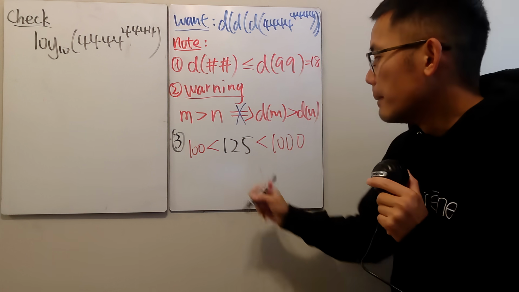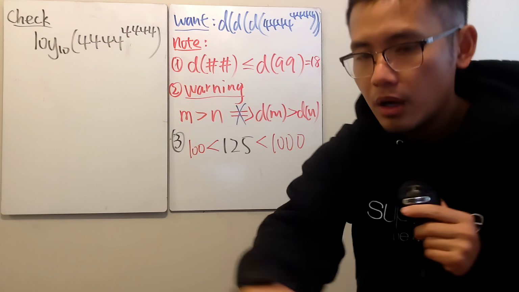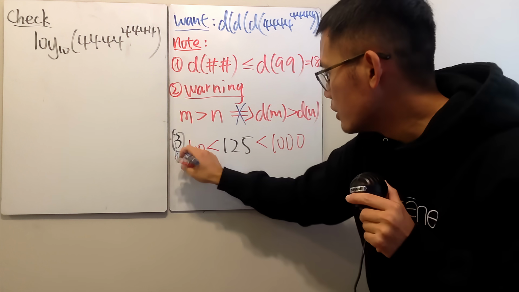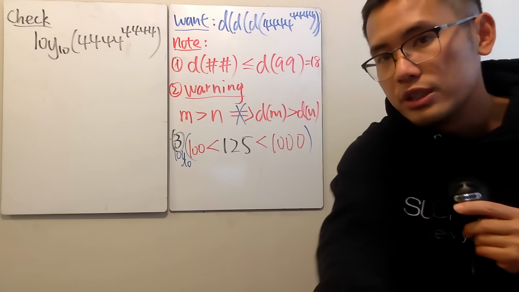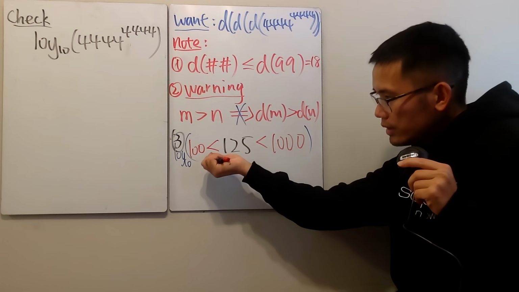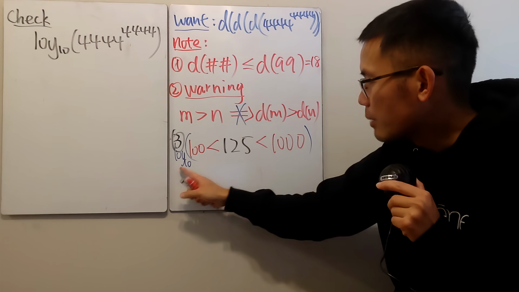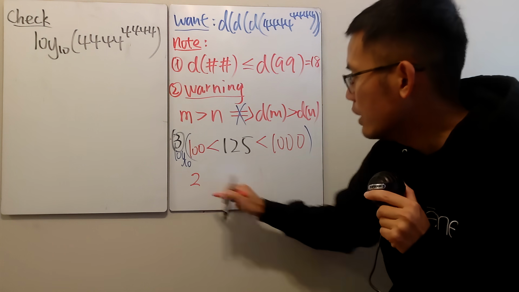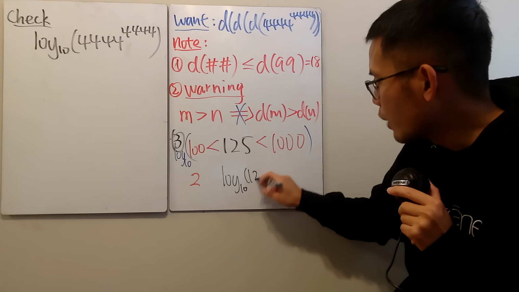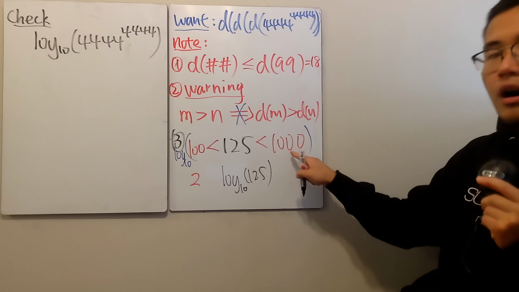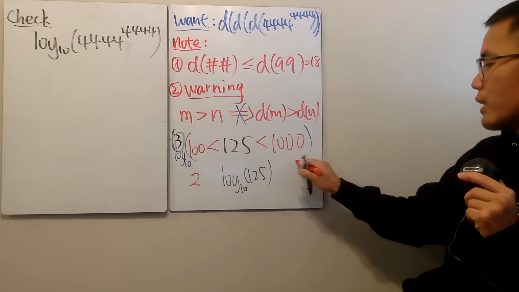If you apply the logarithm base 10 throughout, because log is an increasing function, the inequality will be maintained. The log base 10 of 100 is 2, this is log base 10 of 125, and log base 10 of 1000 is 3.